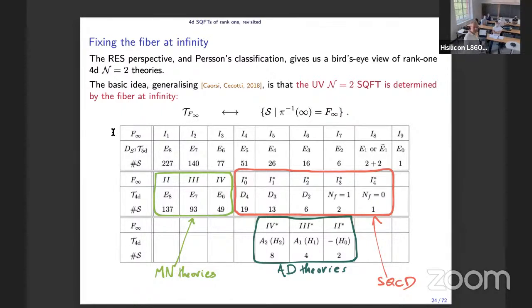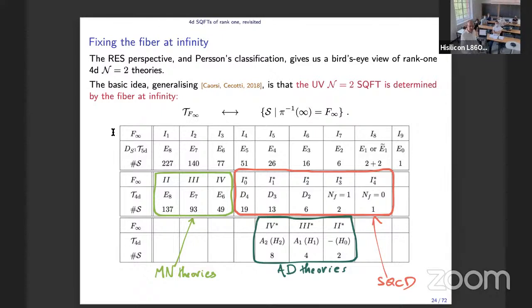And the claim is that that defines what will be the UV superconformal supersymmetric QFT. So I fix the fiber at infinity to be F infinity, and then the pair, the rational elliptic surface S with a prescribed fiber at infinity, defines my UV QFT. So the idea is that I fix the fiber at infinity, and then the fibers in the interior can vary as I vary the masses of the theory, but it's a fixed UV theory.